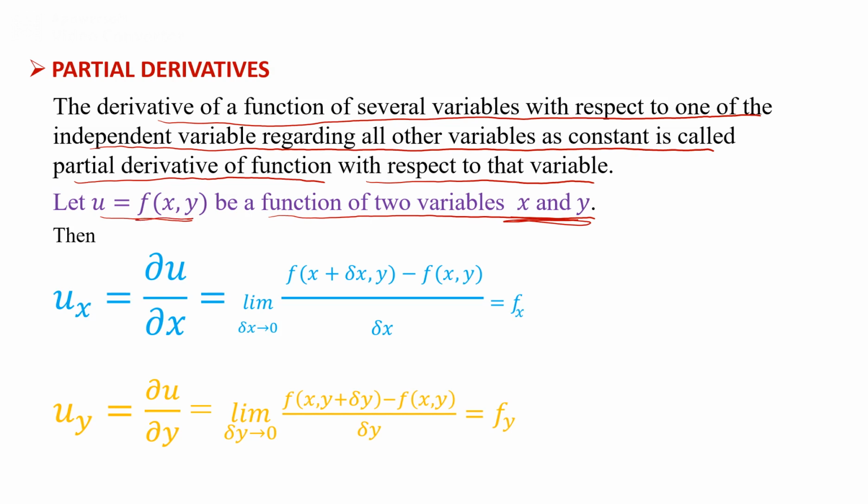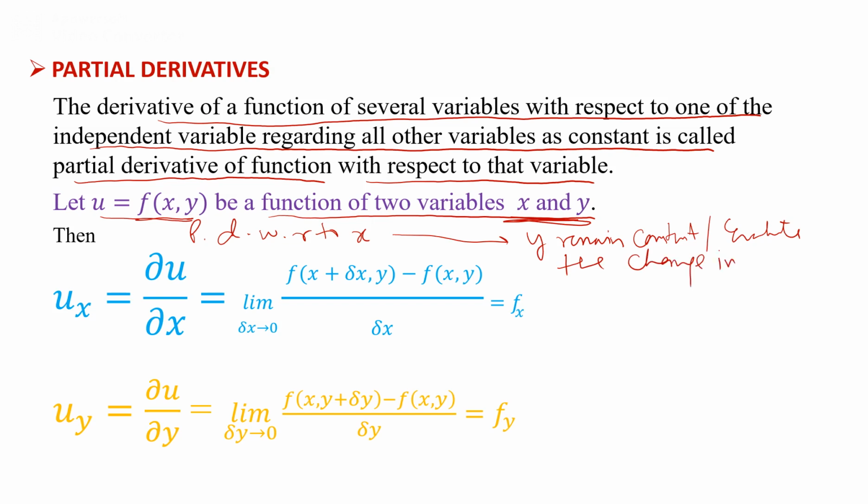with respect to x here, we write the partial derivative with respect to x, and it means y remains constant or the same, and we have to evaluate the change in x.